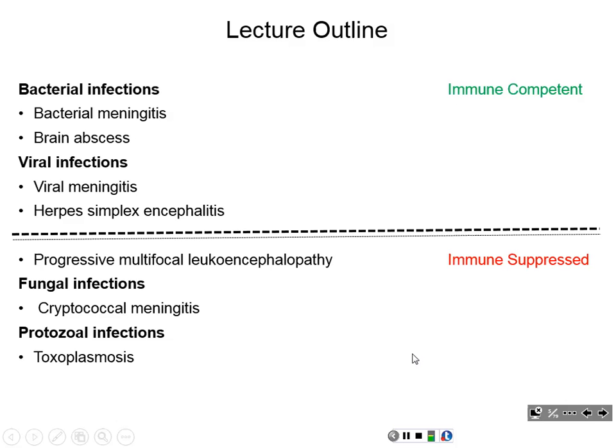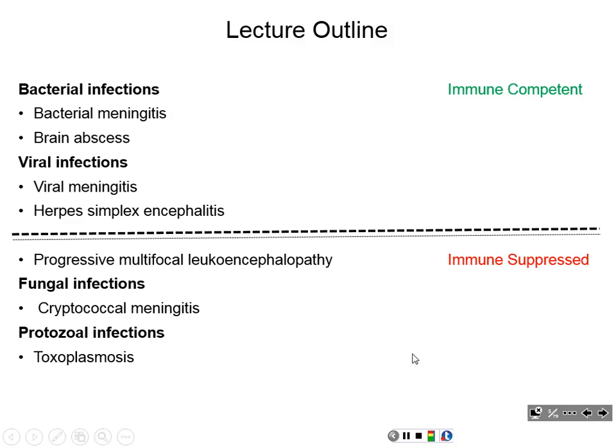This will take us right up to about 11 o'clock, and then we'll take a break and come back and talk about central nervous system infections in immune-suppressed individuals. We'll finish up viral infections by talking about progressive multifocal leukoencephalopathy, and then we'll discuss fungal infections and protozoal infections with our example organisms here being cryptococcal meningitis and toxoplasmosis caused by Toxoplasma gondii.